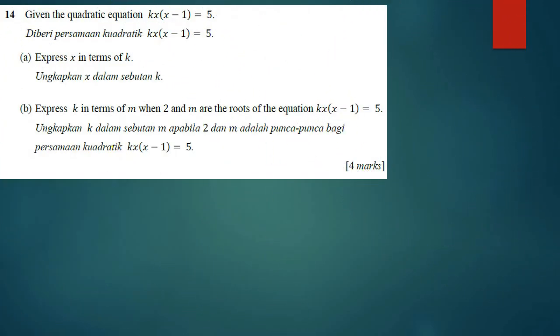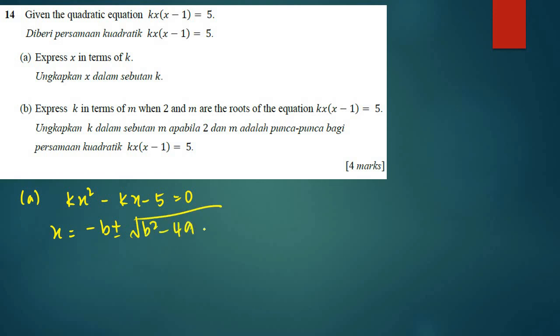Question 14. Given the quadratic equation kx(x minus 1) equals to 5, express x in terms of k. So we need to expand it into general form. How do we get x? To solve this one, we can use the formula. Still remember the formula? Negative b plus minus square root of b squared minus 4ac, over 2a.